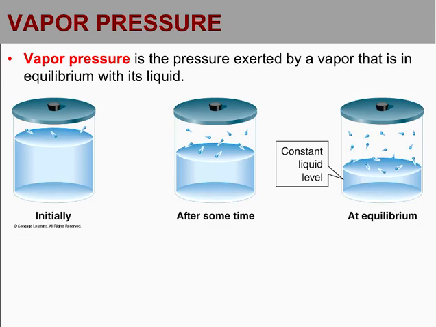So maybe we're heating it up. After some time has passed, more of the liquid will turn into gas. But remember, this is a closed system, so the gas can't escape, right? So at some point, we're going to reach something called equilibrium.